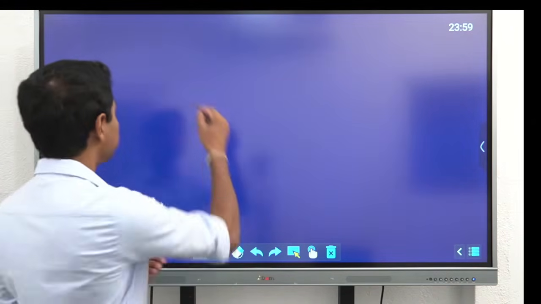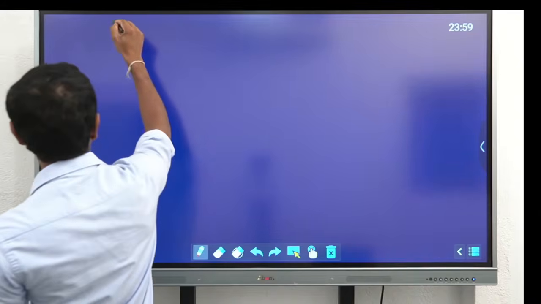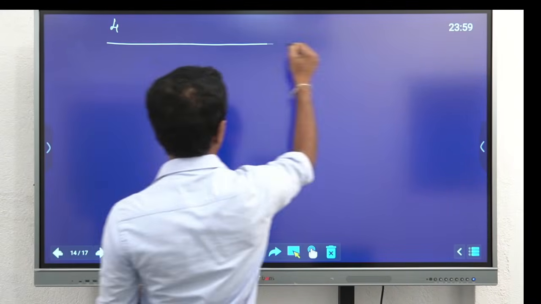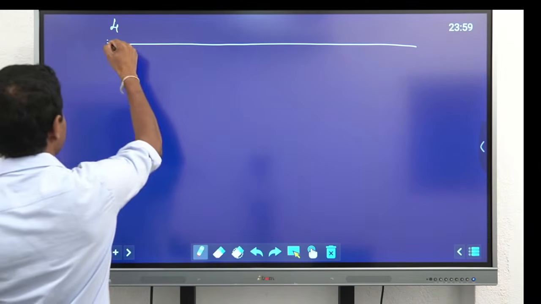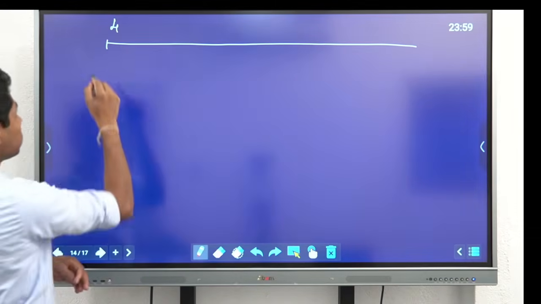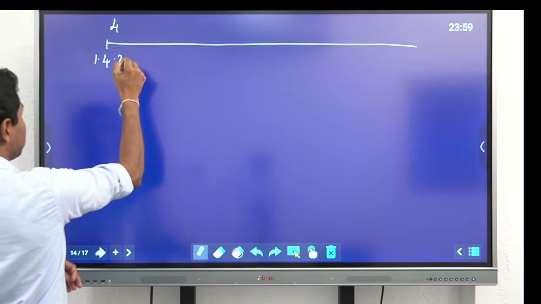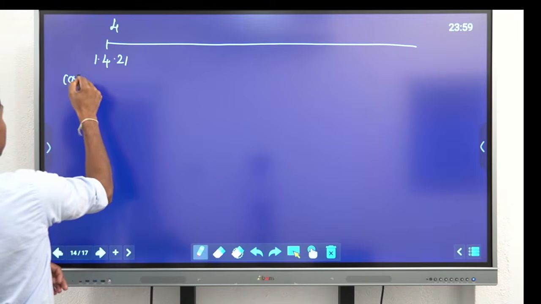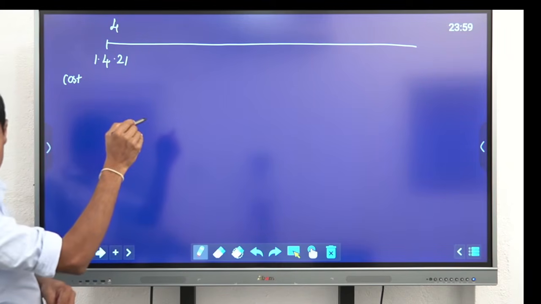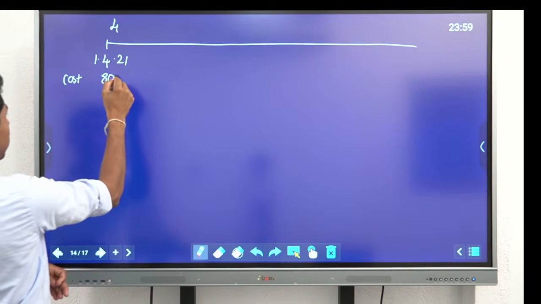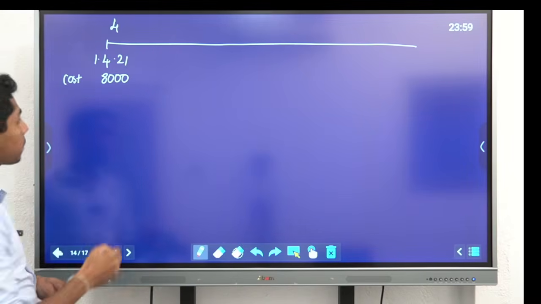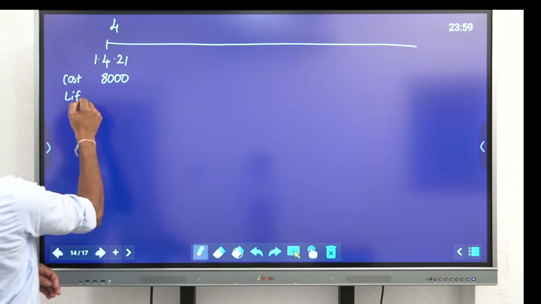So let's write a timeline like this for activity 4. We purchased the asset on 1st April 21, right? Cost is 8 million, in thousands, 8,000. Useful life 8 years.